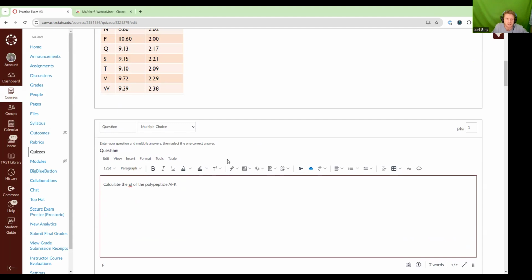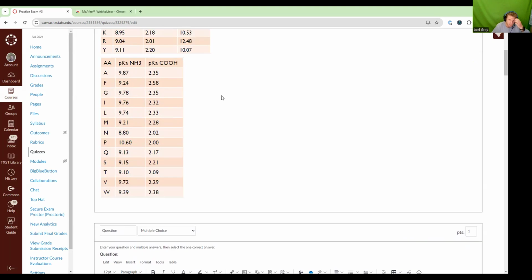Now, I'm going to look at these charts and find out my different pKa values. Alanine, A, is a diprotic amino acid. If we look at our rough peptide AFK, we know that there's a peptide bond between A and F, as well as between the F and the K. What that means is we don't need the C terminal pKa value for alanine.